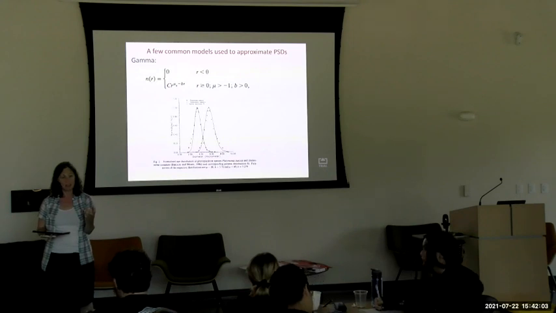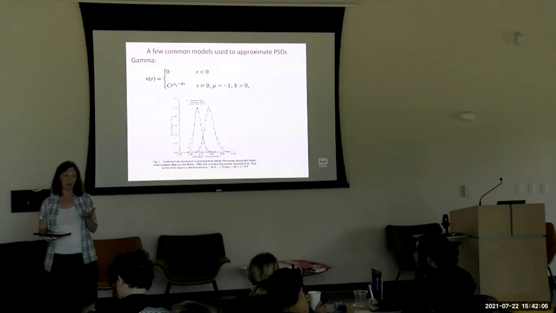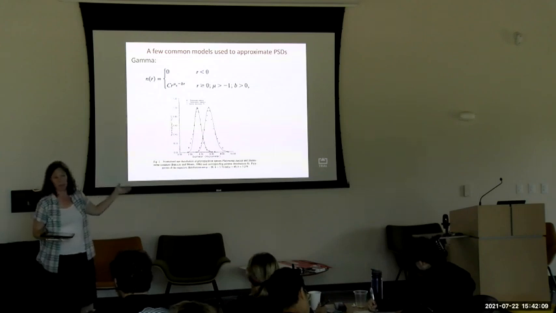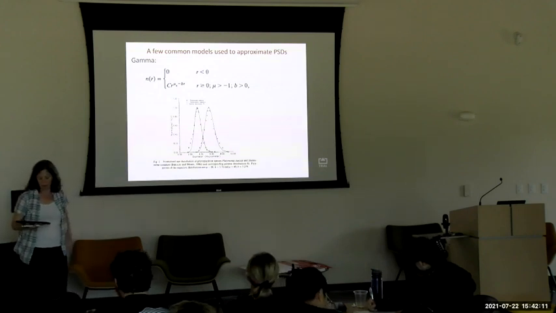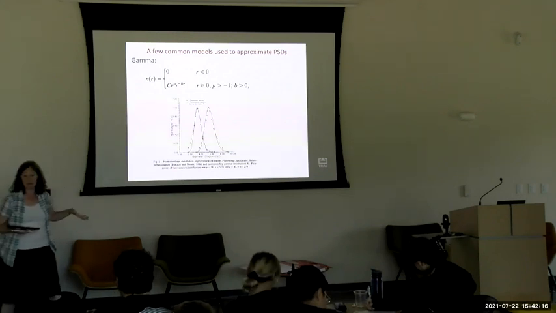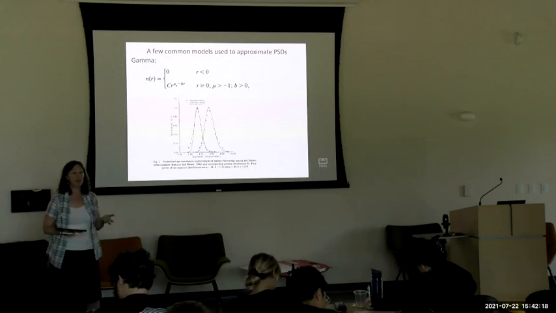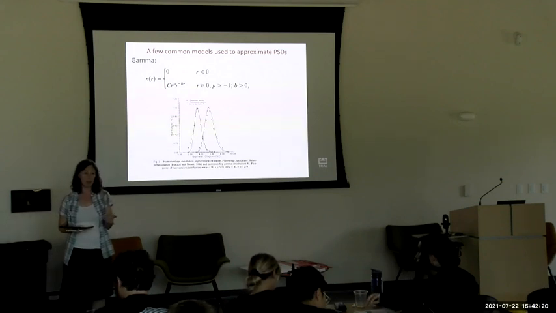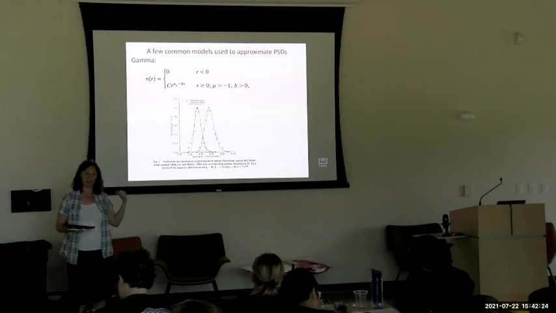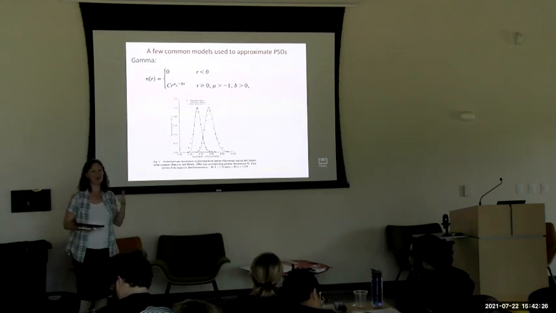You wouldn't necessarily expect to see a power law. You might expect to see something like this, where you've got a peak, this gamma distribution that's superimposed maybe on a power law. So like the cultures that we measured yesterday, we get a size distribution of those. We might expect to see something like this.